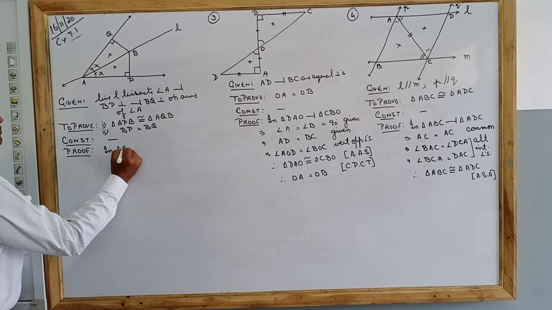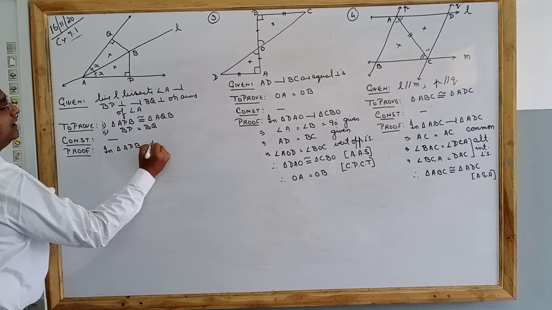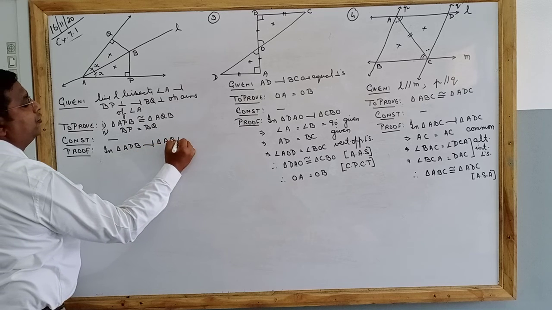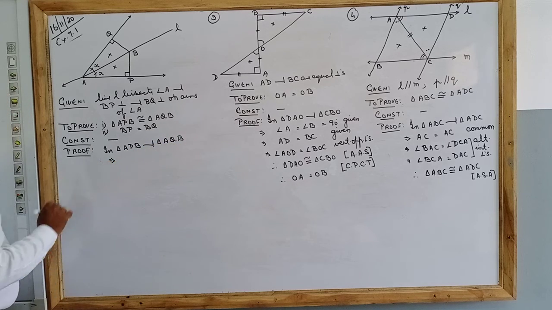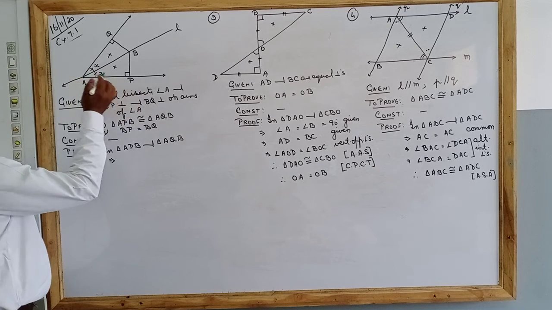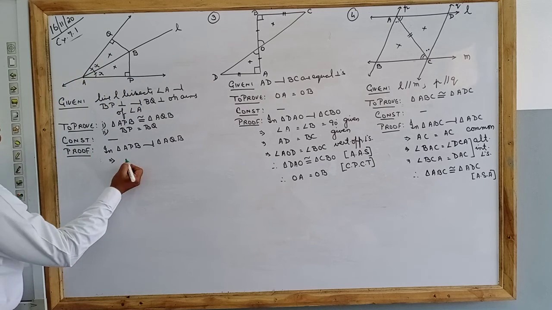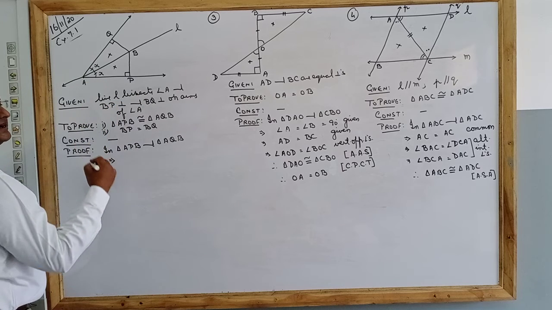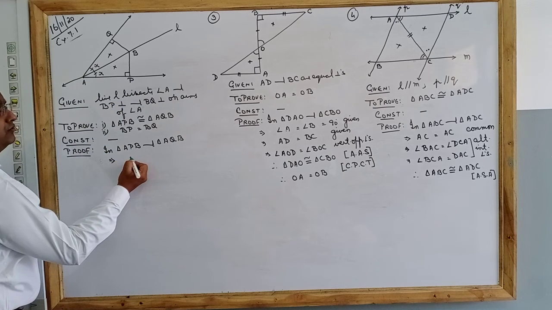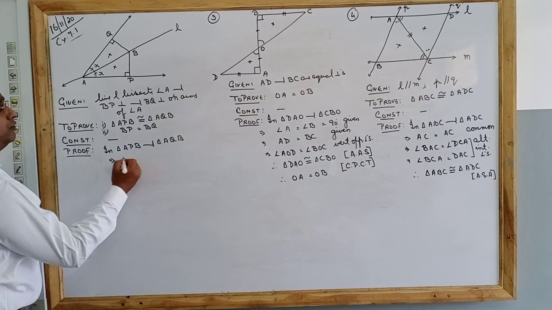In triangle APB and triangle AQB, can you see this angle X equal? Because it was given to us that line L is bisecting. Write it down. No harm, write it down.